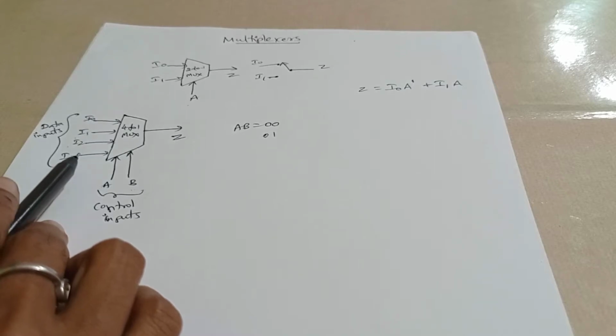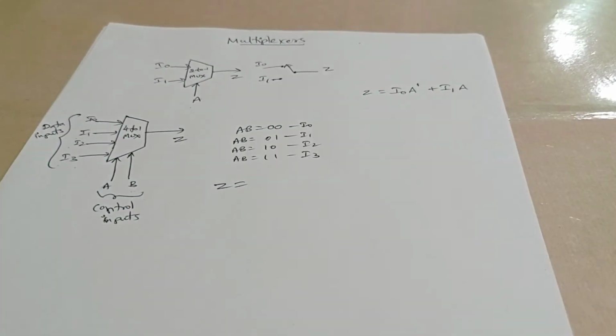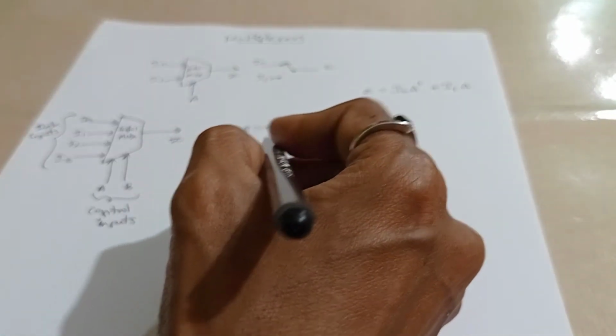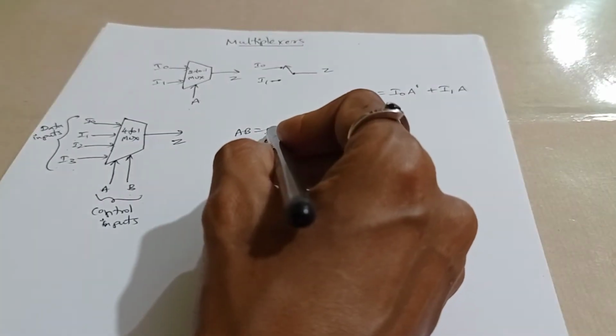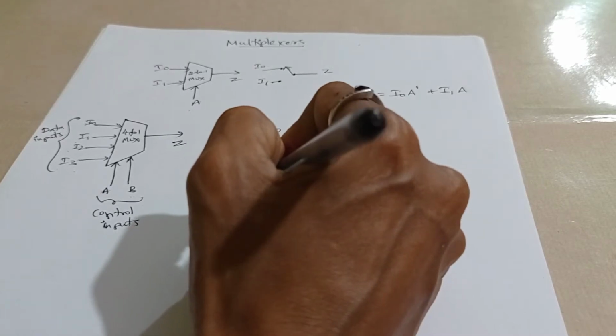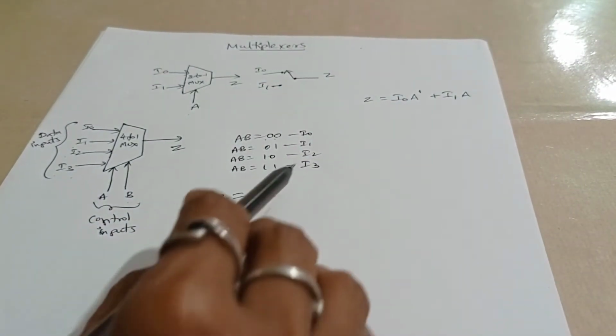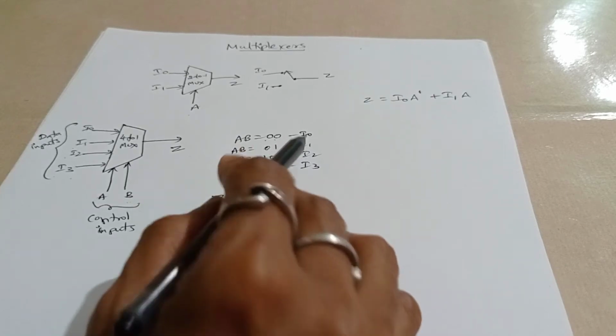Finally, the multiplexer is described by the equation, that is Z is equal to A bar B bar, because it is 0, 0. So we can write the expression as A bar B bar. Now it selects I0.